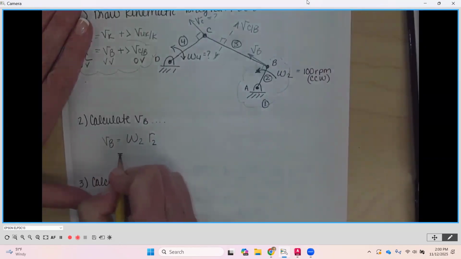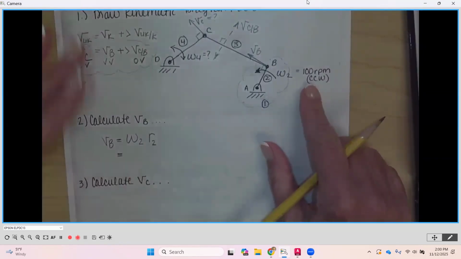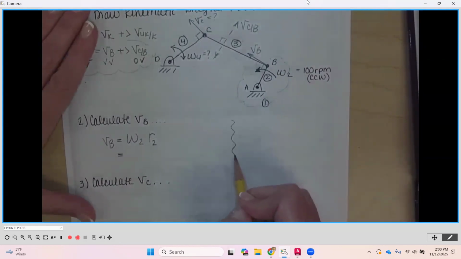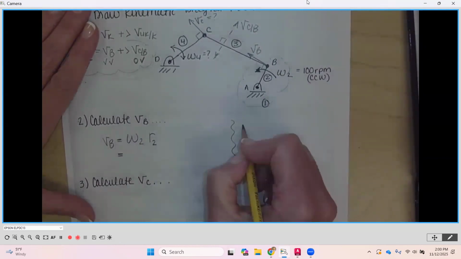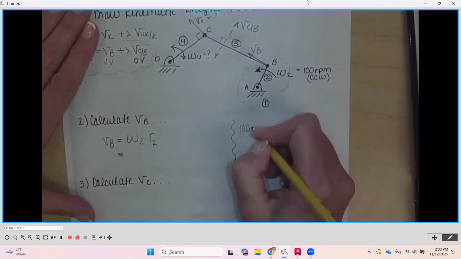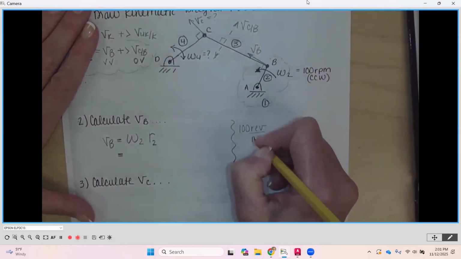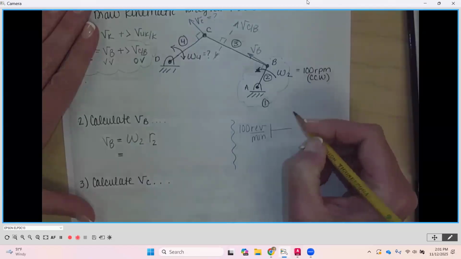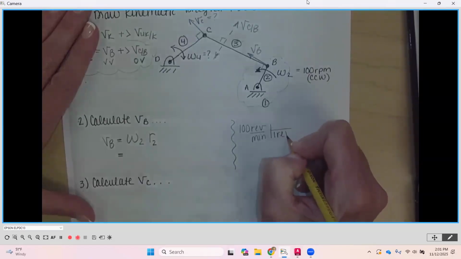So now we're going to put our values in here. We know that the angular velocity of link number 2 is 100 RPMs. Now, we know that we can't put the RPMs in here, so we need to convert 100 revolutions per minute to radians per second.